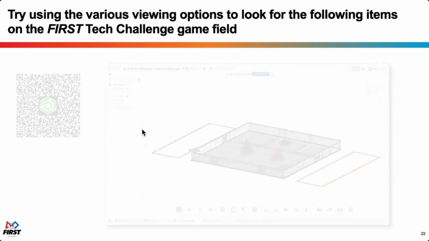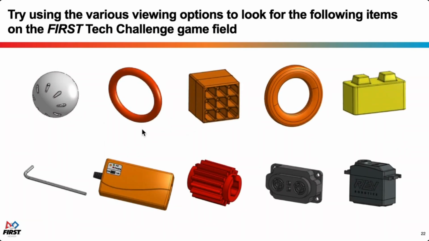Somewhere on that field are the following 10 items. I'd like you to use your mouse and your keyboard to kind of zoom in, pan around, rotate, try to get a different feel of the view, and see if you can find those 10 items. When you find them, just throw in the chat, found ball, or found gears, or found viewers.